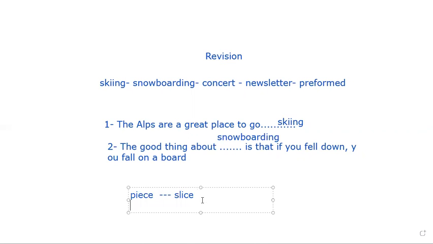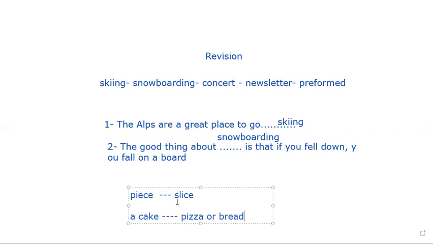So piece is said for a cake or a sandwich or a chocolate, but a slice is used for pizza or bread. What's the difference here and why do we use a slice of pizza instead of a piece of pizza?